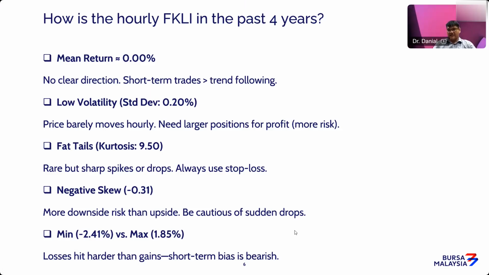Let's just say you are long in a bearish market with a strategy of hope, your loss will hit harder than when you are gaining. The gain is very small, but the loss will be much more than the gains. Right, so that is how we interpret the descriptive statistics from here to here.